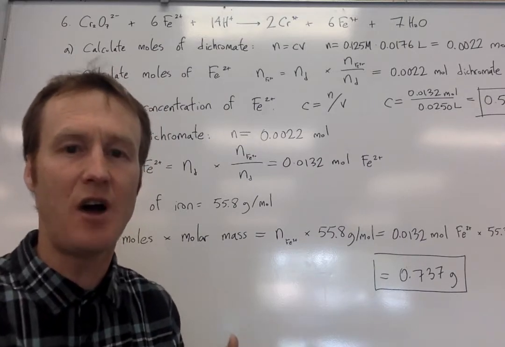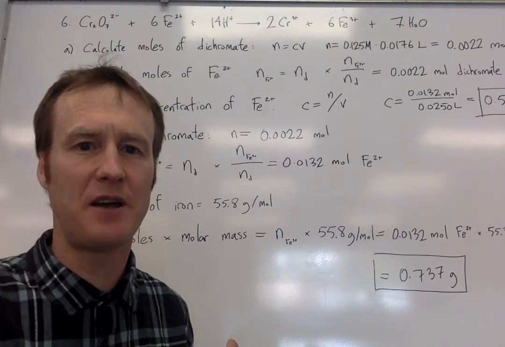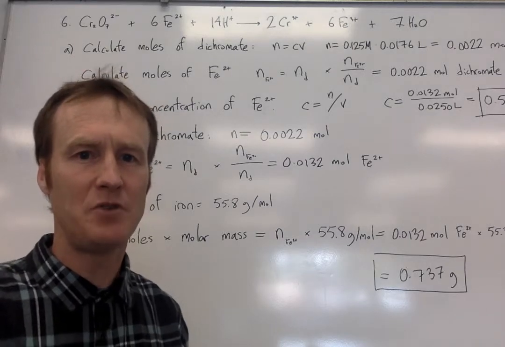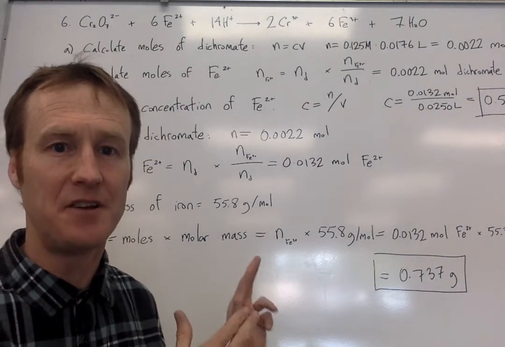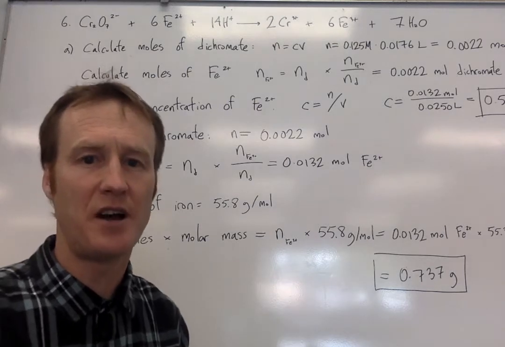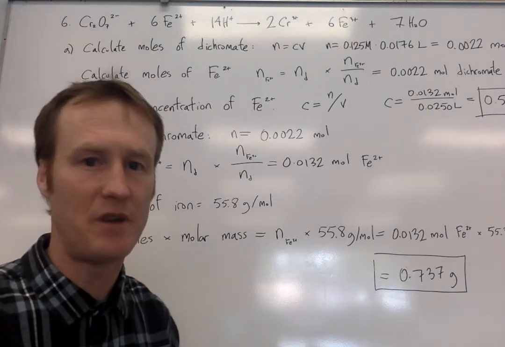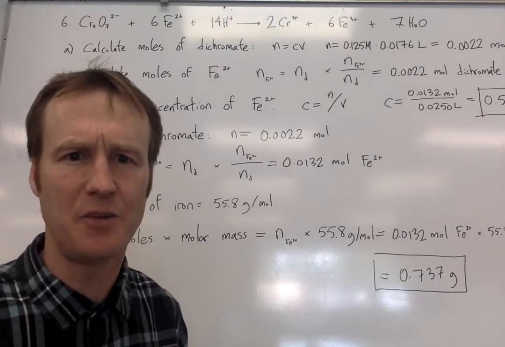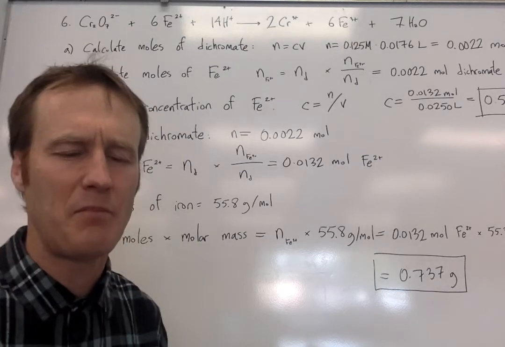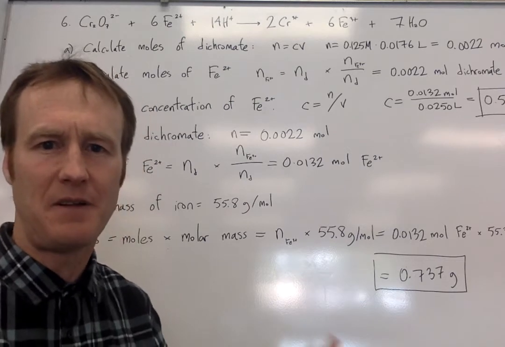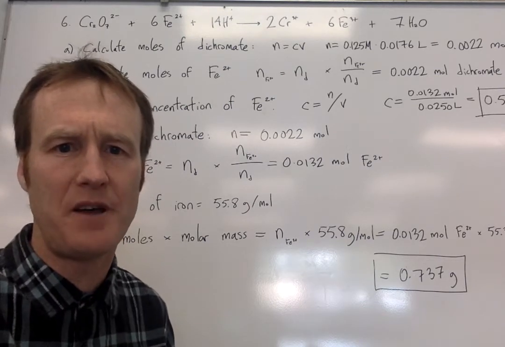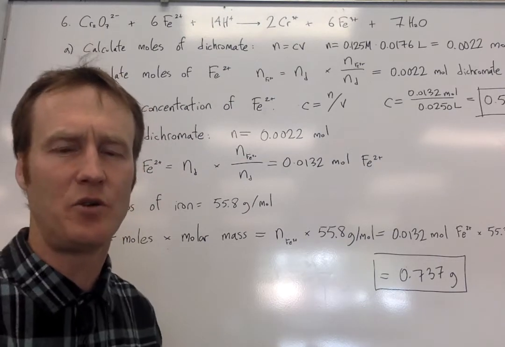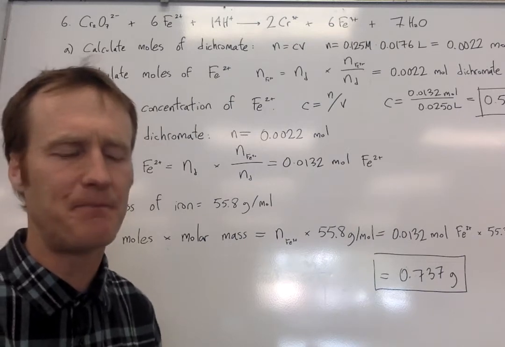And if you stop exactly when you get that color change, you can use this kind of math to figure out what an unknown concentration was of one of your substances. We'll maybe get into that a little bit later, but if you have the other things that are known within that equation, you can calculate an unknown concentration using titration.